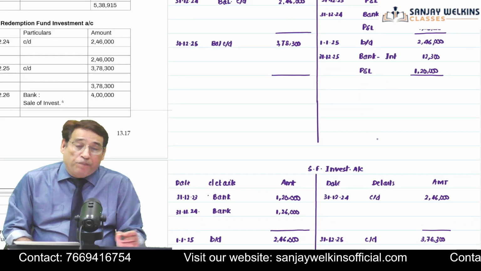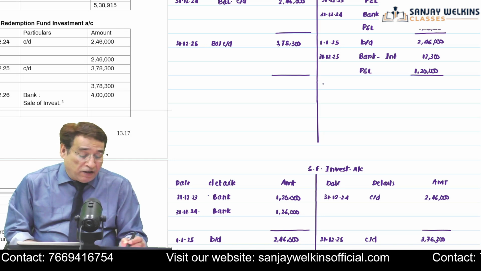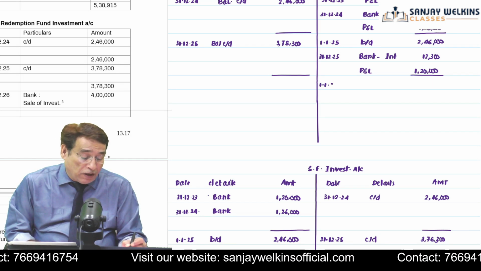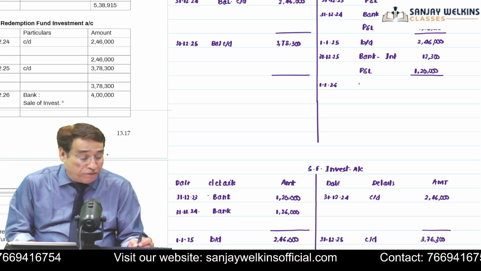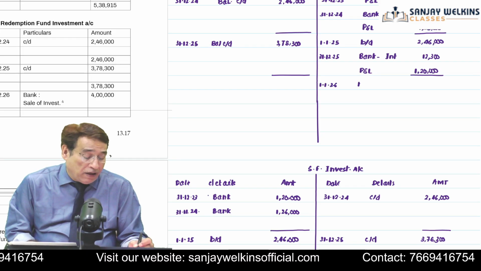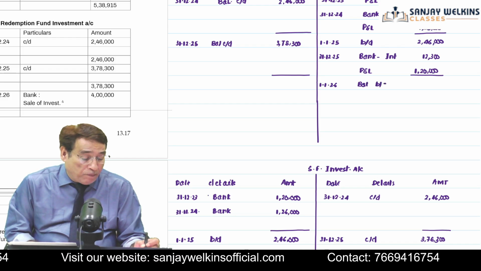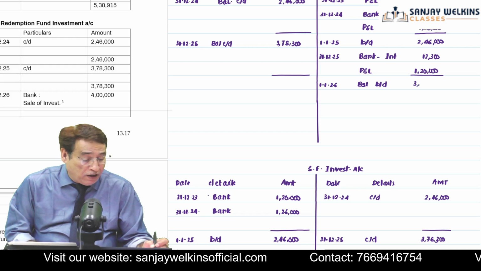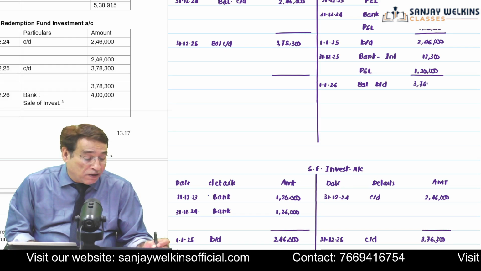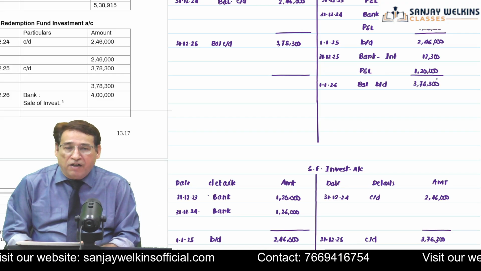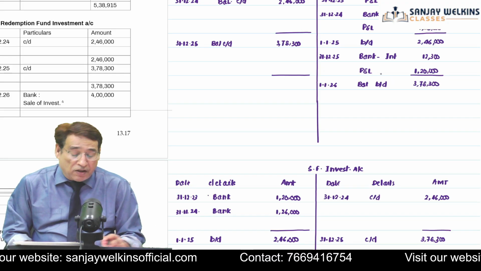So, after balancing the account at the end of the third year, of course, I will write on the opposite side on 1/1/2026, that is the beginning of the fourth year, balance brought down, and balance brought down is equal to 3,78,300. Is it clear to you or not? So this is the scenario.